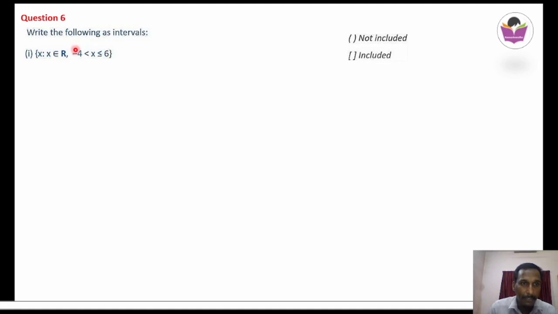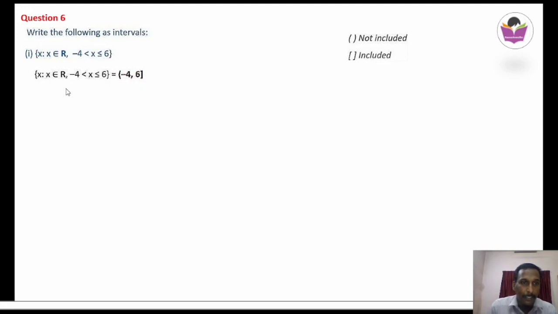So here we have to use an open bracket and here a closed bracket, because 6 will be taken as there is an equal to symbol. Minus 4 we will not consider because equal to is not there. So we will write the interval as open bracket minus 4, 6 closed bracket. Okay, so this is how the interval is written.